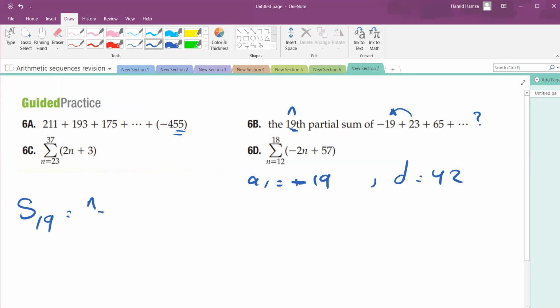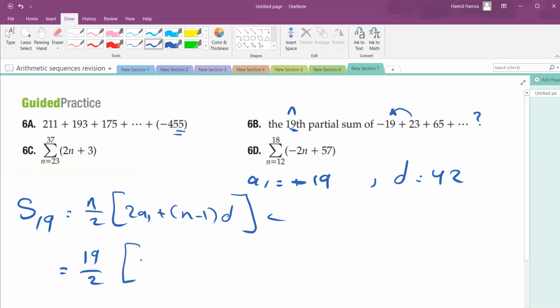The rule tells you n over 2 times 2a1 plus n minus 1 multiplied by d. We use this formula to find the sum. So n is 19 over 2, times 2 multiplied by negative 19 plus n minus 1, that means 19 minus 1, that means 18, multiplied by d, which is 42. So, Abdurrahman, use your calculator and give me the answer.